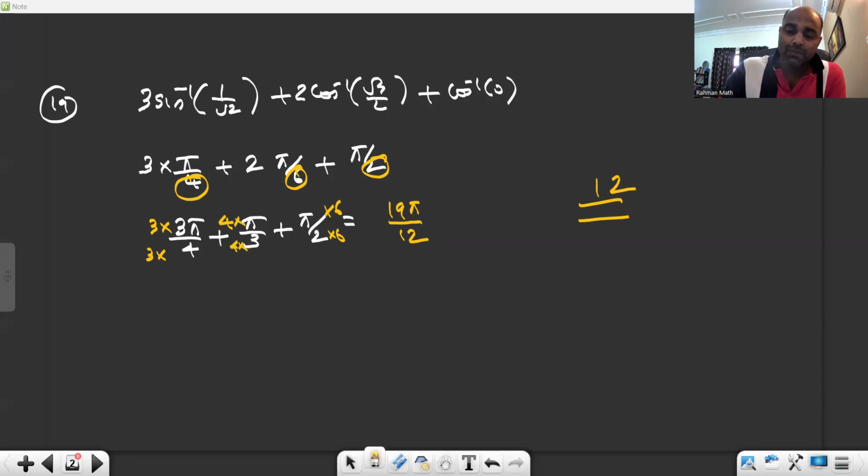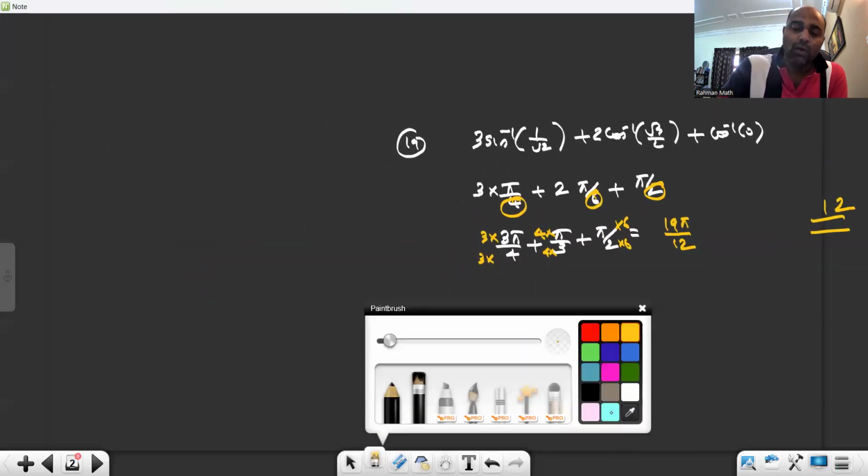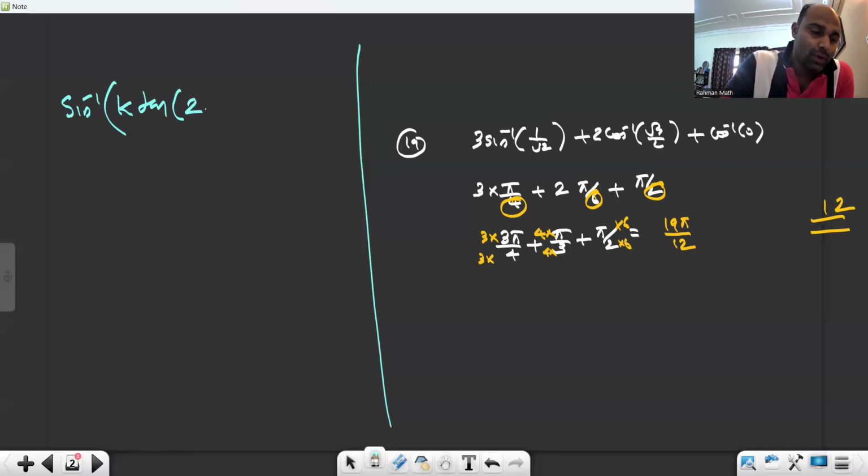Question number 20. Any doubt, any question, write it to understand later. Again, asked last year: sine inverse of K tan 2 cos inverse root 3 by 2 equal to pi by 3.